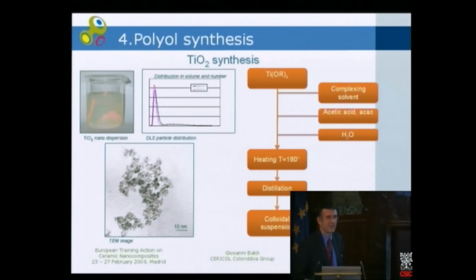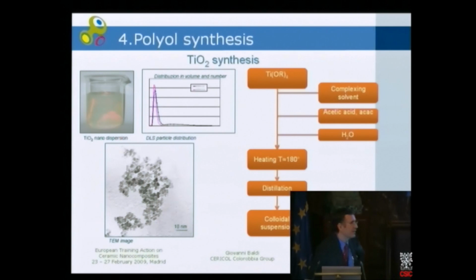You can see the colloidal suspension on the top of the slide. The size distribution in volume and number, performed by dynamic light scattering, shows a size of about 7–10 nanometers of titanium nanoparticles.